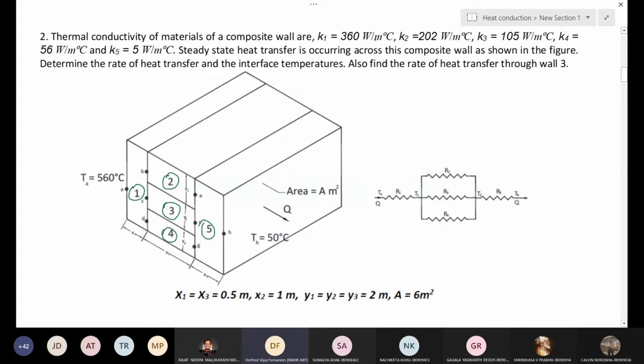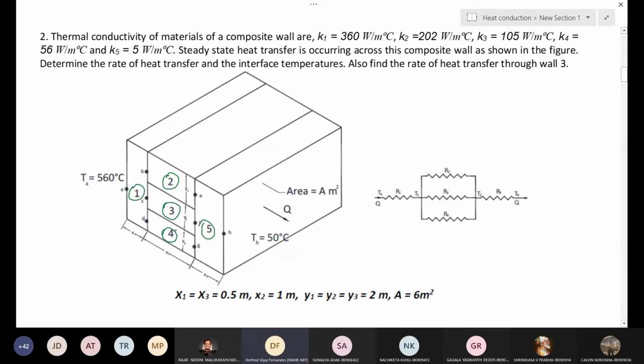So K1 is 360, K2 is 202, K3 is 105, K4 is 56, and K5 is 5. What else is given? The thickness is given with the figure. It's not in the description of the problem, but it is given here.